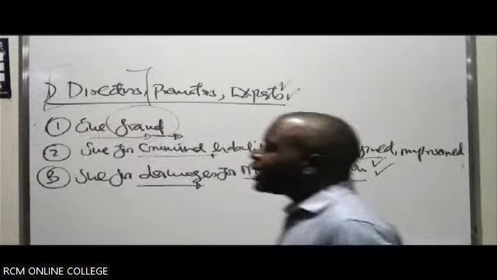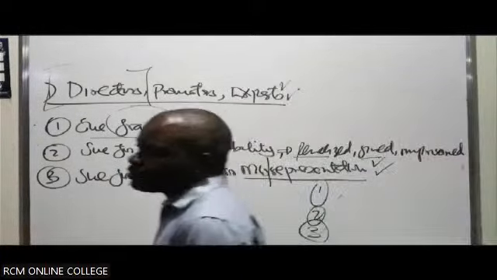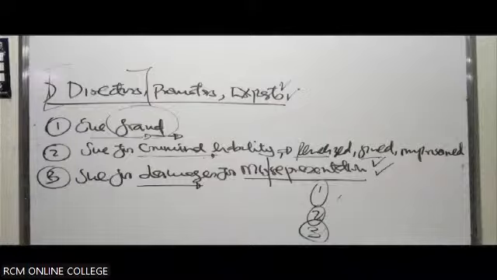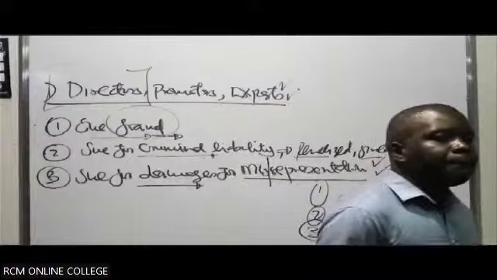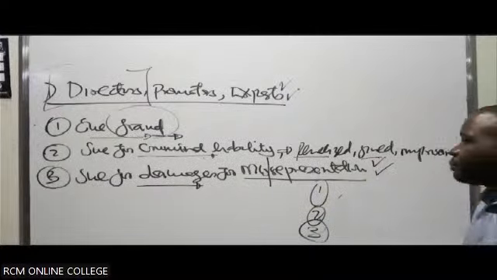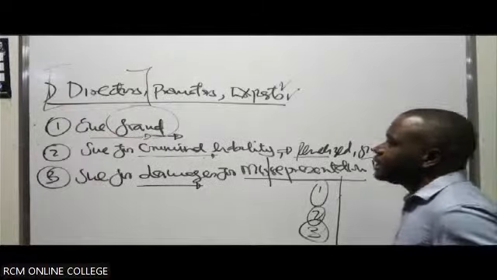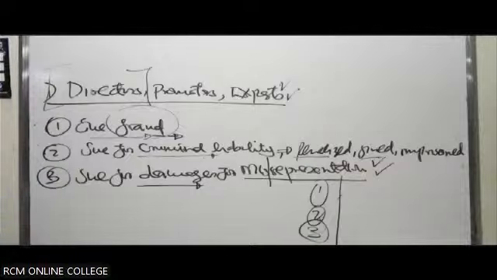Number three, you relied upon information from an official officer of the company, be it the finance manager or the human resource manager, and from his statement you were able to rely on his information to publish certain information in the prospectus. So with those, you can defend yourself as a director of the company.